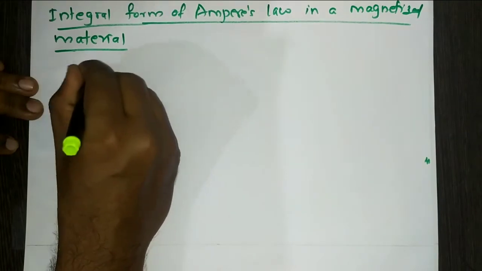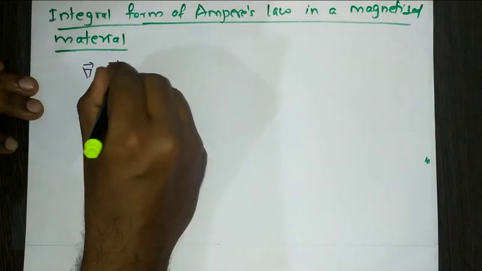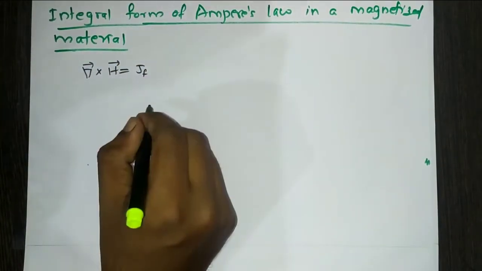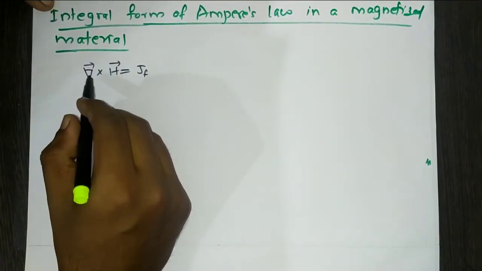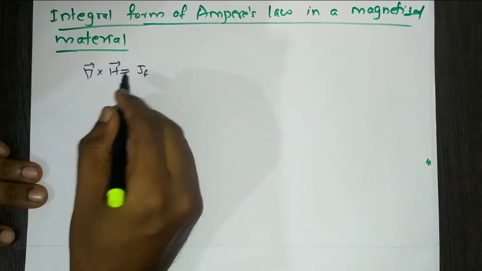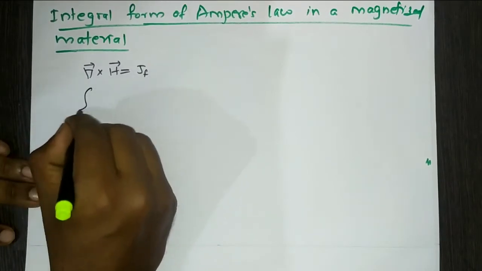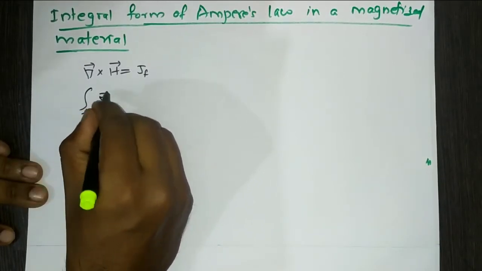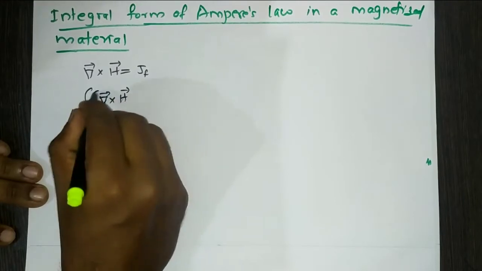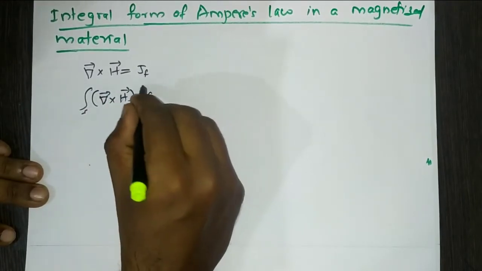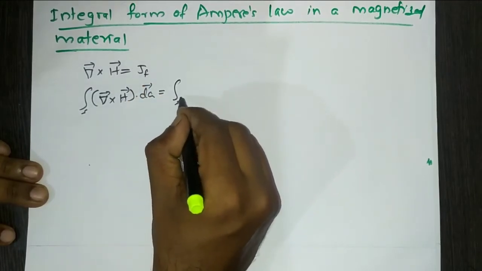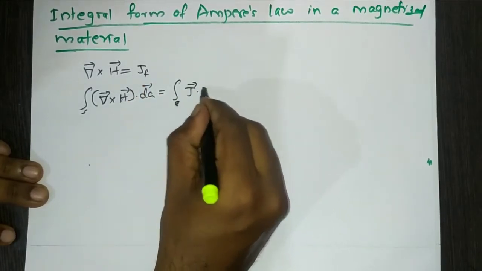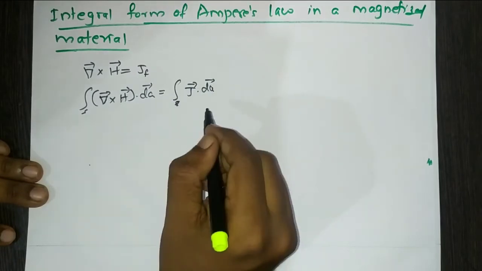We have the differential form, that is del cross H is equal to JF. Now we do the surface integration of this equation, that is surface integral del cross H dot dA. Do the same operation on the right hand side also, surface integral J dot dA.